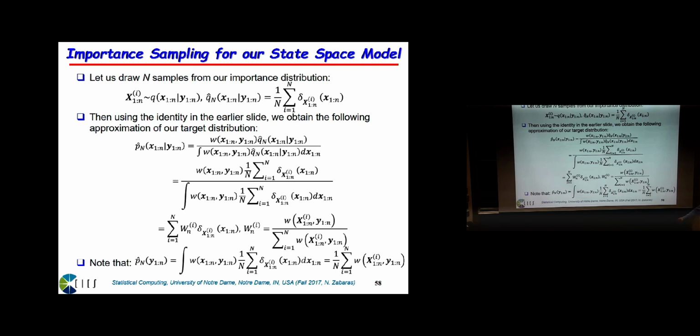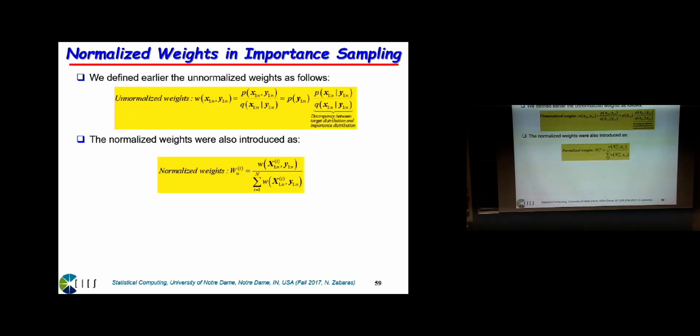I haven't really done anything. It's the same equation applied to our dynamic problem, and the notation looks messy, but really there's nothing there. Instead of having one x, I have the sequence of x1 to xn, because my posterior is basically this posterior here. Okay, so this is the Monte Carlo approximation, and these are the normalized weights, all right?